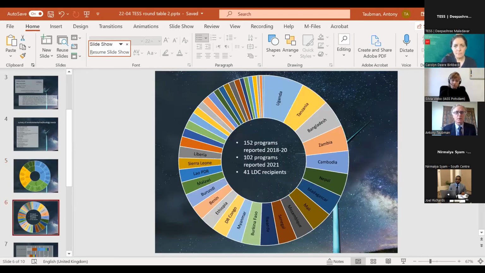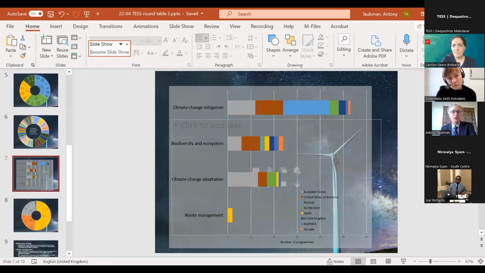Of the programs reported relating to environmental and climate technologies, this is literally a snapshot of the programs reported in recent years, in recent rounds of reports, reaching 41 LDC recipients, and just a glimpse of the geographical range of those that are reported, but also a breakdown according to the environmental or green technology sector that is relevant.